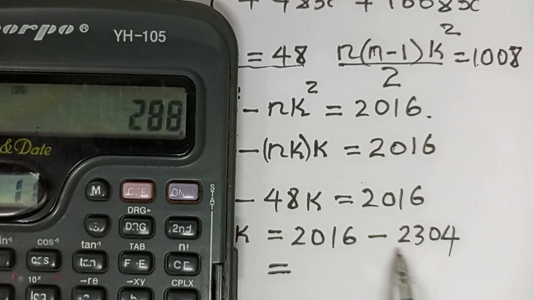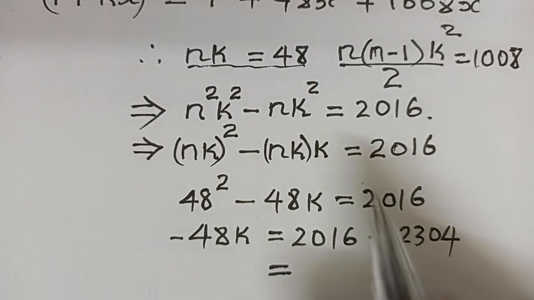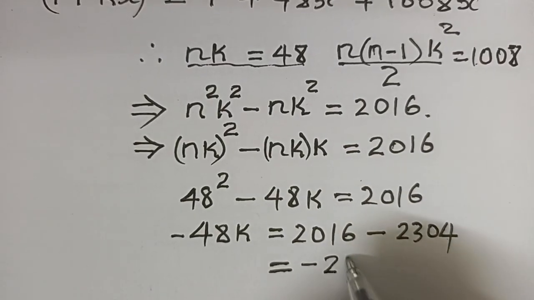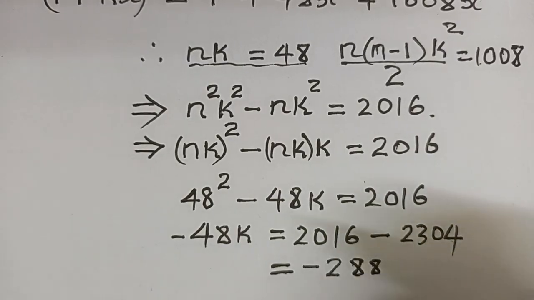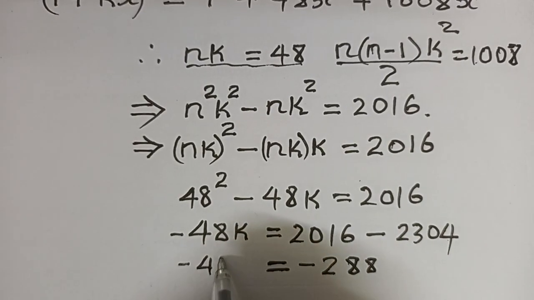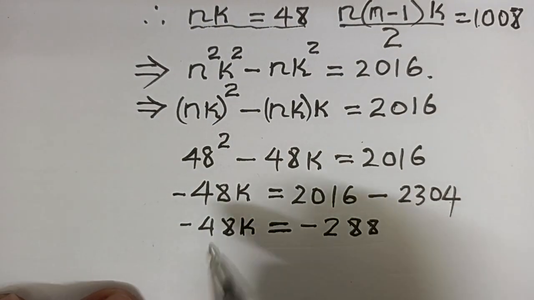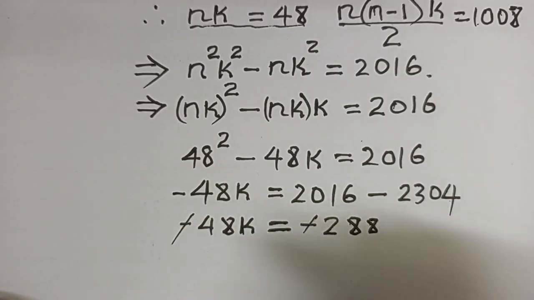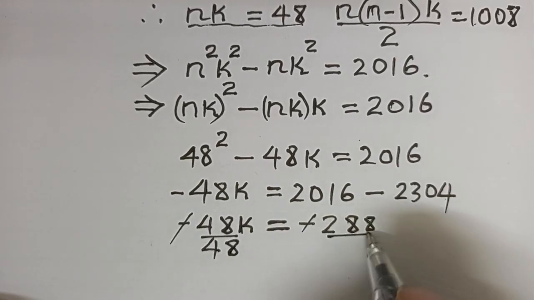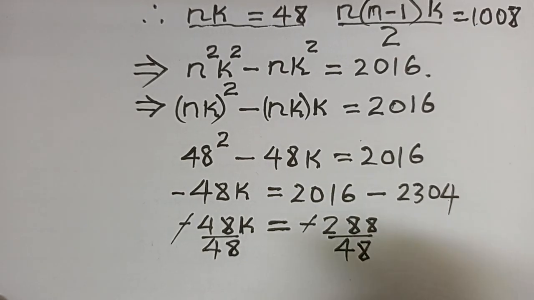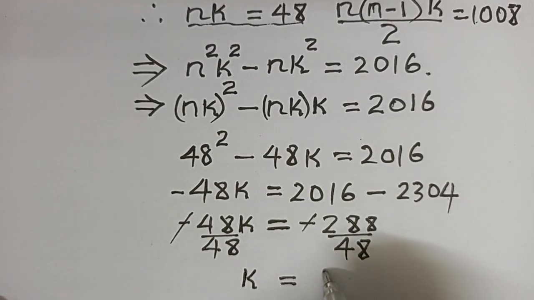And for this one, it shall be negative 288, because this is bigger than this number. And here we have 48k. From there we can cancel negative and negative and then divide this side by 48 and this side by 48. And so therefore, our k will be equal to 6.